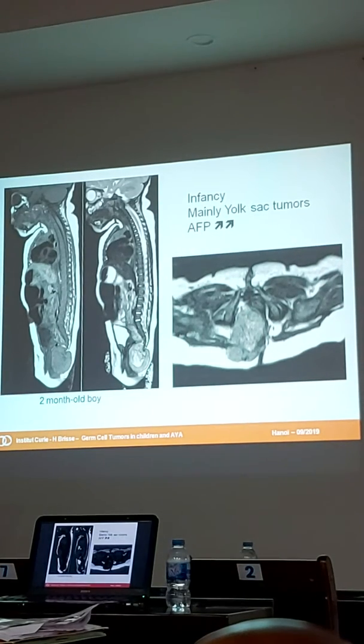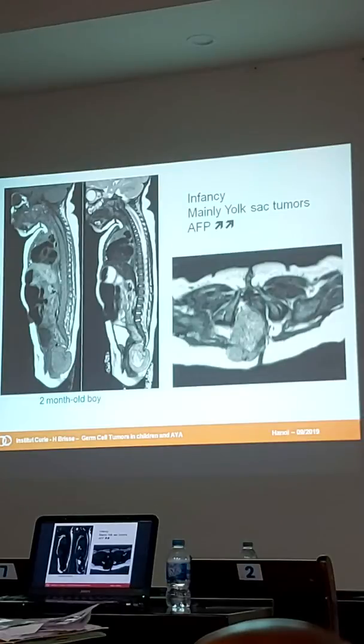So when the sacrococcygeal tumor occurs later, during early childhood, this tumor was not present at birth, but occurs at 2 months of age. And you can see the pattern is slightly different. There is no fat or calcification. It is a purely tissular mass, the center of which is on the coccyx.